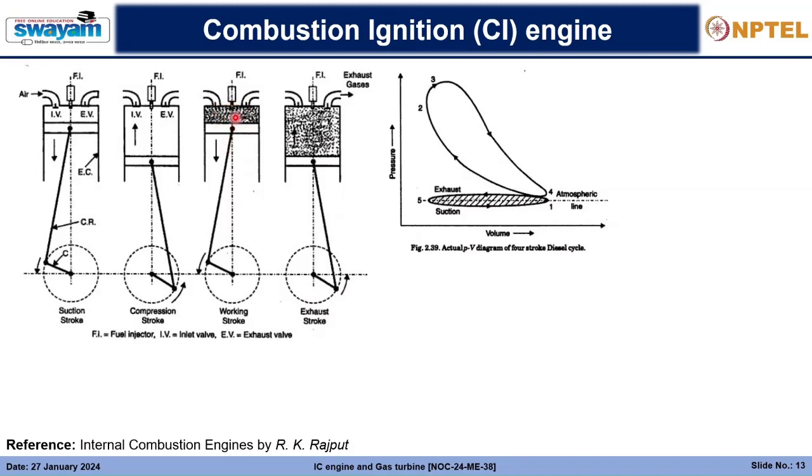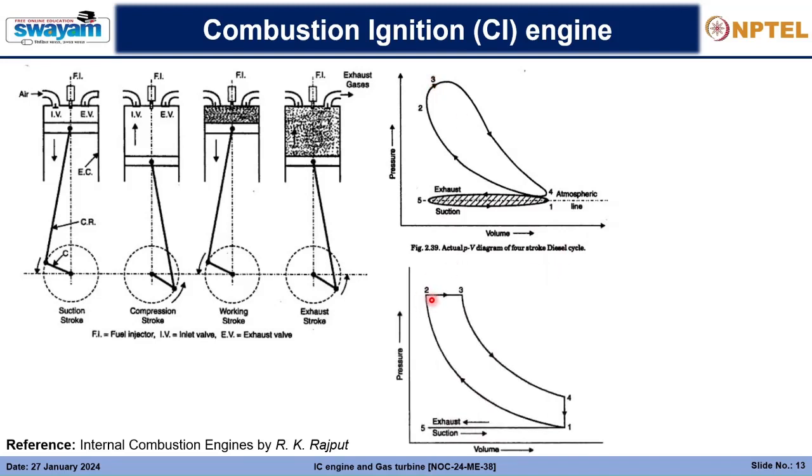So there is no increase in the pressure, or only a very small increase, and accordingly this part will be seen from 2 to 3. And finally, when the working stroke resumes and the piston is coming down, it will expand the gas, and at the end it will have an exhaust stroke. So theoretically, if we see, the pressure always remains constant from 2 to 3 here.